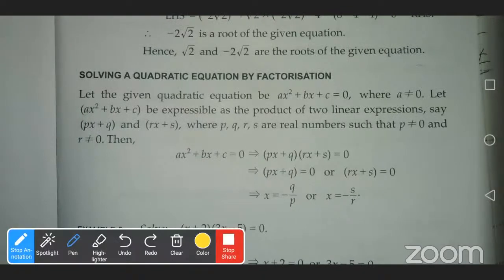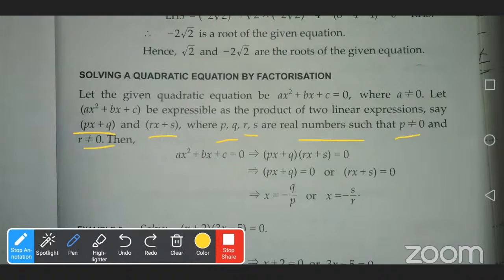Let the given quadratic equation be ax square plus bx plus c equals to 0, where a is not equal to 0. Let ax square plus bx plus c be expressible as the product of two linear expressions, say px plus q and rx plus s, where p, q, r, s are real numbers such that p is not equal to 0 and r is not equal to 0.